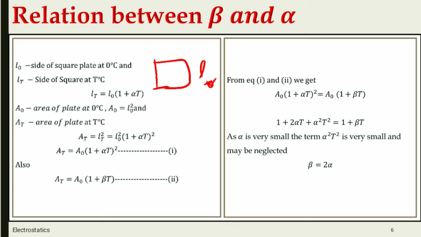If you increase the temperature, this side will expand, and in expansion the side will increase its length to Lt. Now you know this from linear expansion. You can see that here.